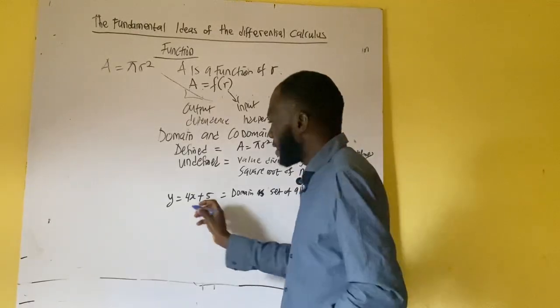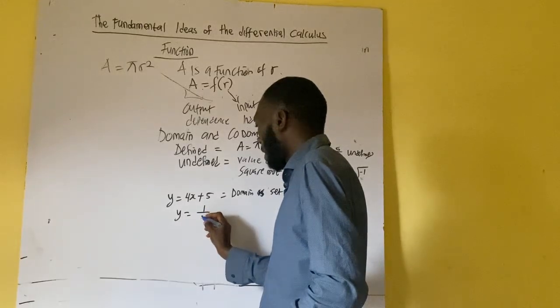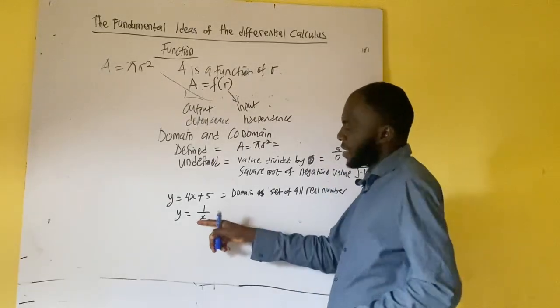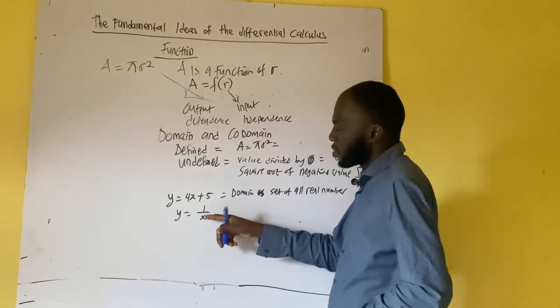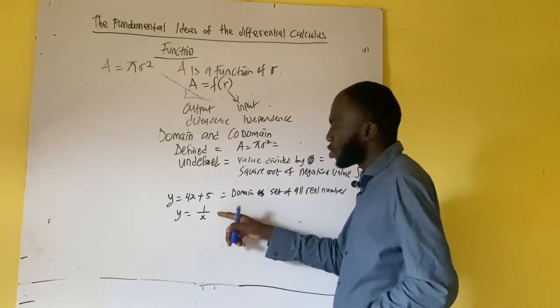But if I have something like y equal to 1 over x, what is there now? If I have my x to be 0, that means this thing is not going to be defined.